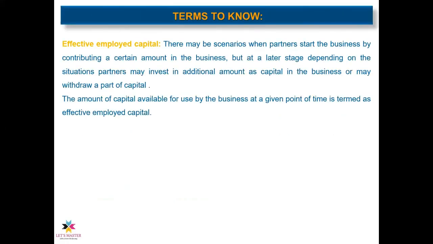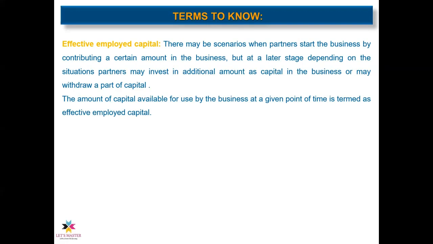Effective employed capital. There may be scenarios where a partner starts the business by contributing a certain amount in the business, but at a later stage, depending on the situations, partners may invest an additional amount as capital in the business or may withdraw a part of capital. So the amount that is available for use by the business at a given point in time is termed as effective employed capital.